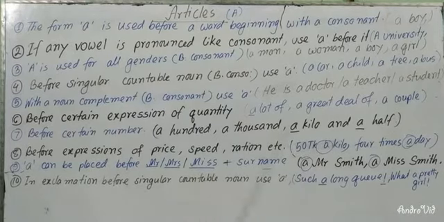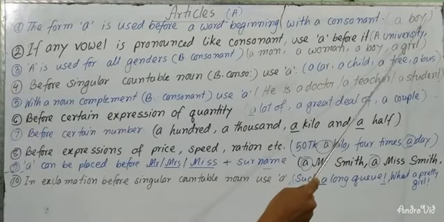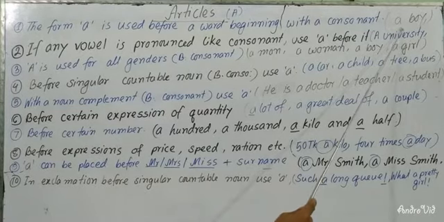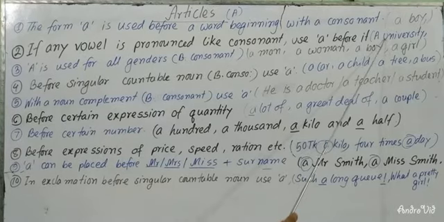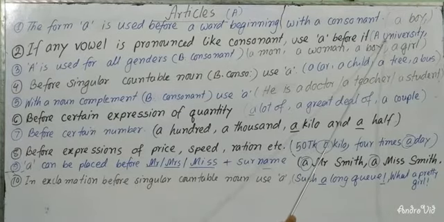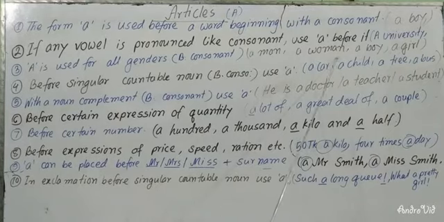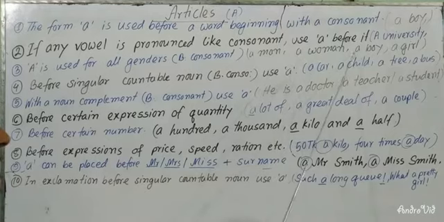Now I am going to make you understand by repeating it. You will use a before a consonant. If the noun starts with a consonant, you will have to use article a. If any vowel is pronounced like a consonant, you will have to use article a. Before all genders, if it is singular, you will have to use article a.